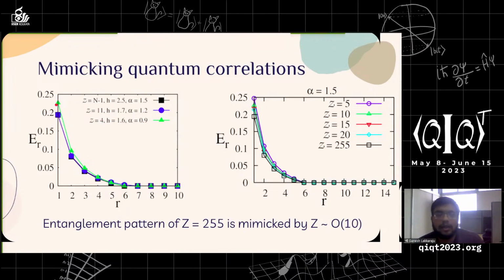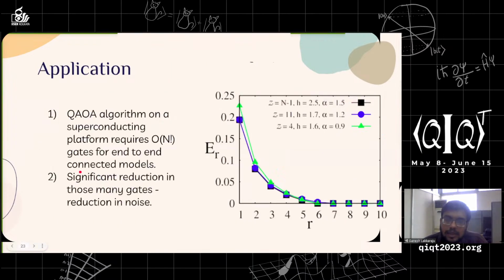This is quite useful in the sense that in general, whenever quantum approximate optimization algorithms are applied on a superconducting platform, in order to find the ground state of such a similarly connected Hamiltonian, it is in general required to make order of n factorial connections between all such spins.